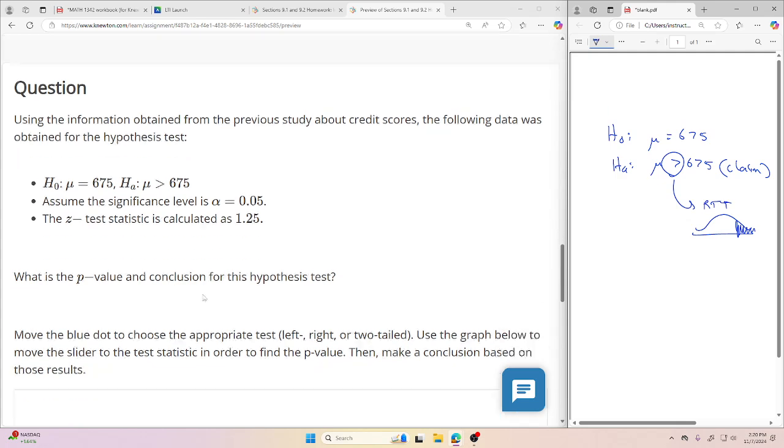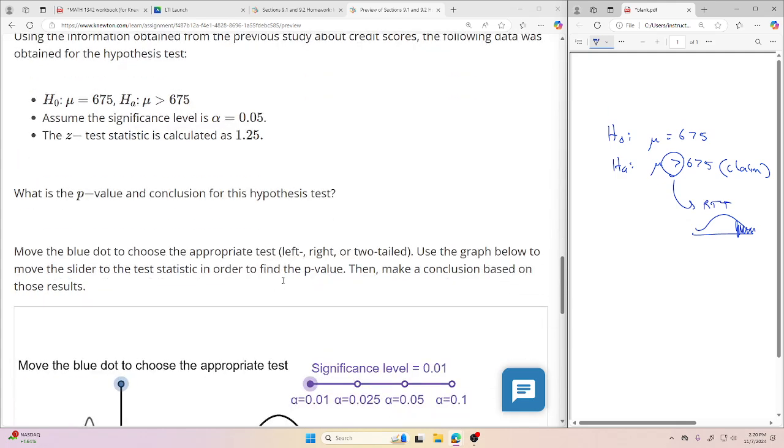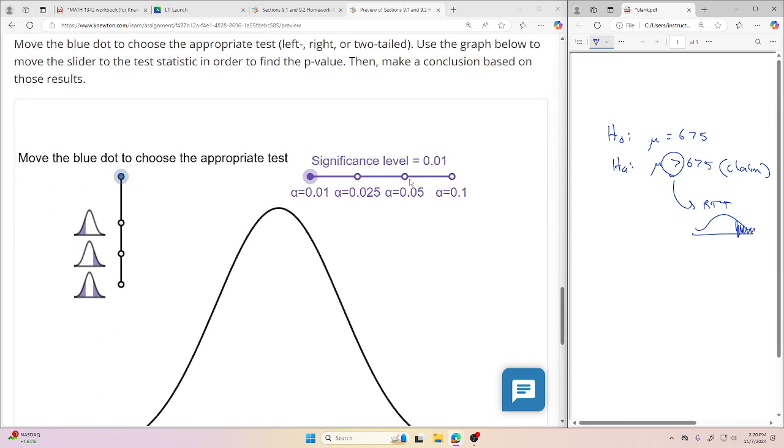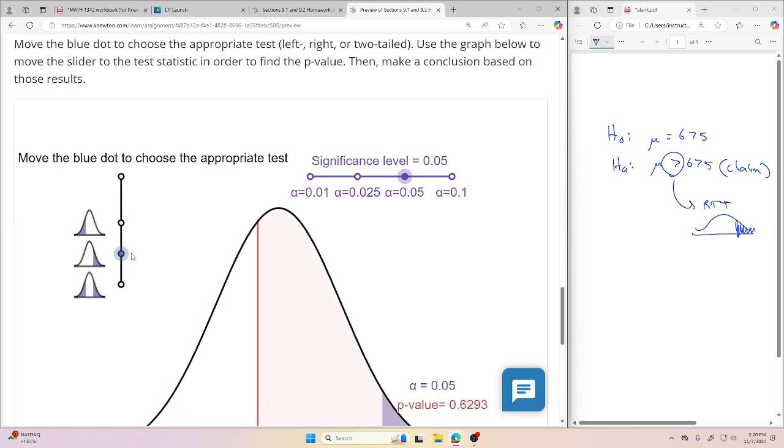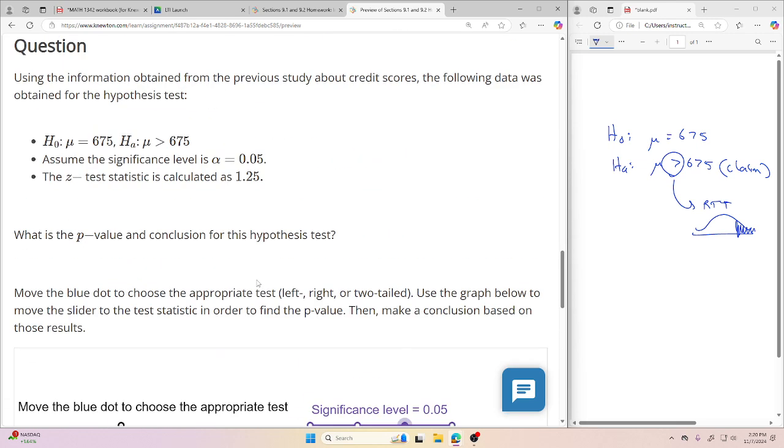All right, so they said that the Z test statistic is this guy. Again, I haven't even told you what that is, and I won't until I absolutely have to. But for now, we're just using the number, and I got a 5% cutoff line. So 5%, drag to the 5%, and right tail test. And then I need to change that to be 1.25.